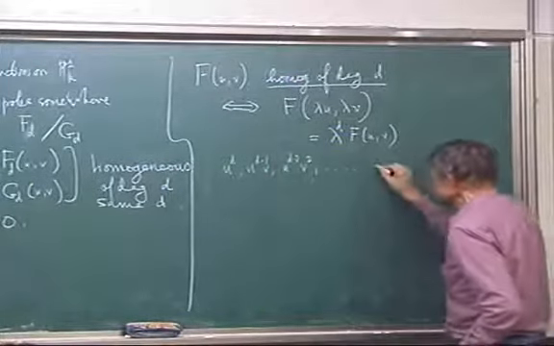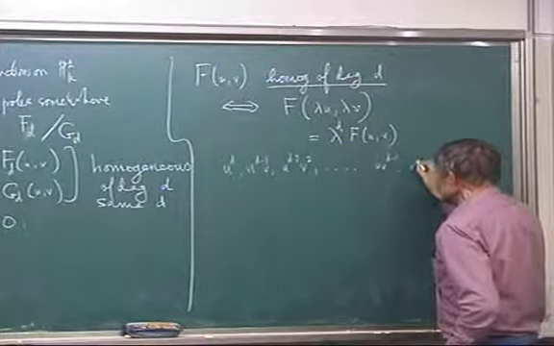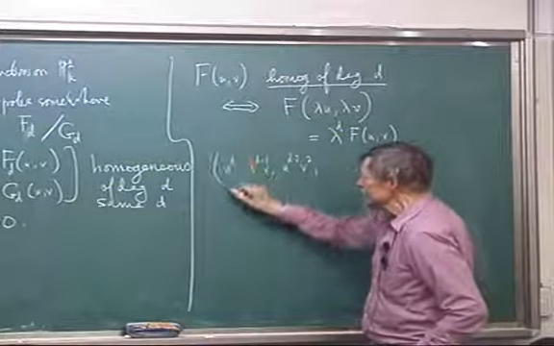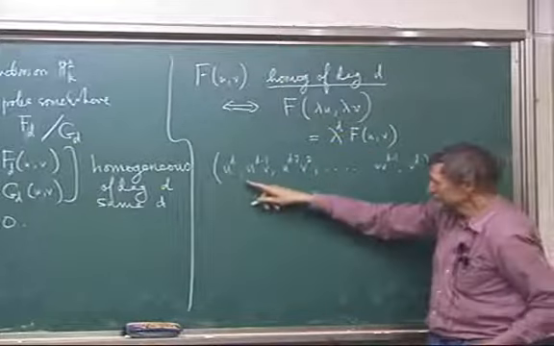You can fill it in yourself: u v to the d minus 1, v to the d. To be homogeneous of degree d means that you're a linear combination of these.